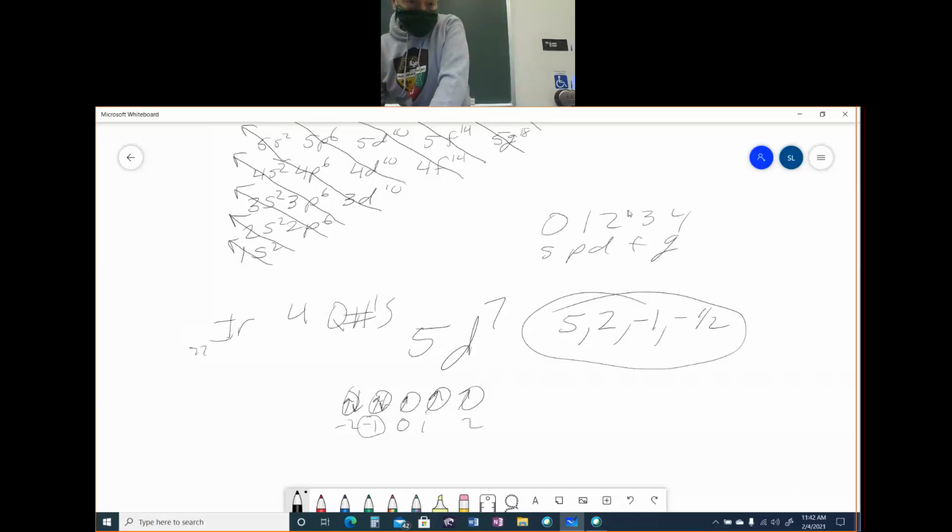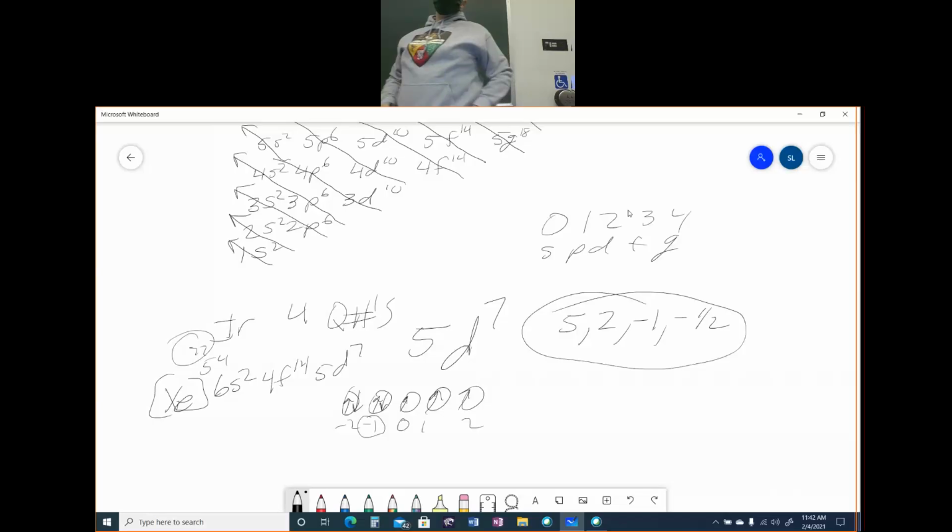Let's see if I can remember what I just said. So Xe, 6s2, 4f14, and then 5d7. And then you'll make sure that that adds up to 77. Yep, that is 77. So there is your full electron configuration.